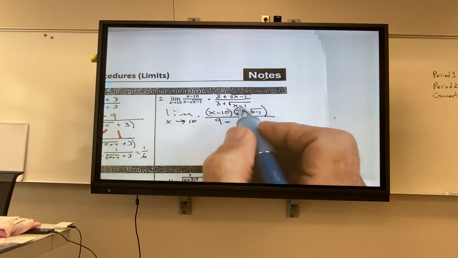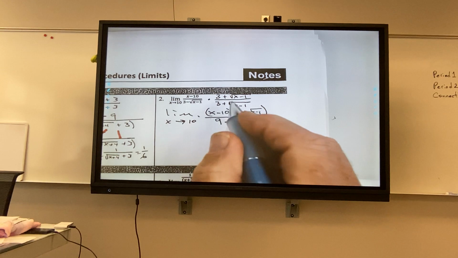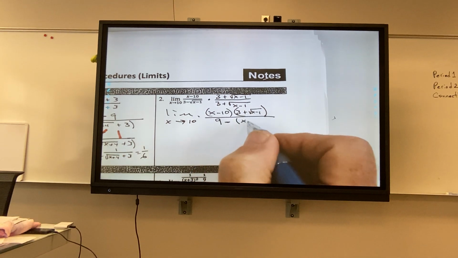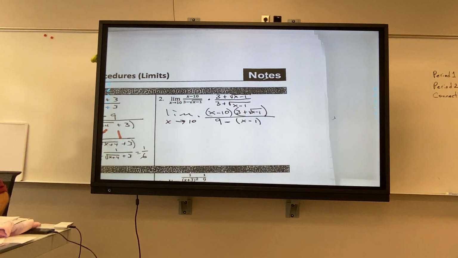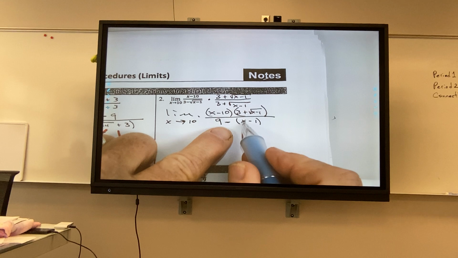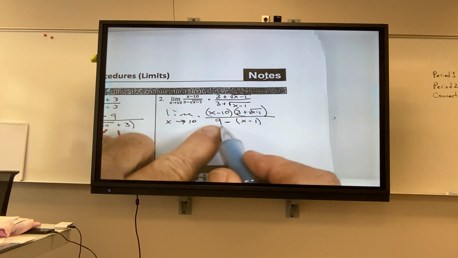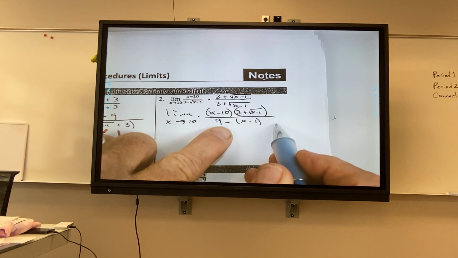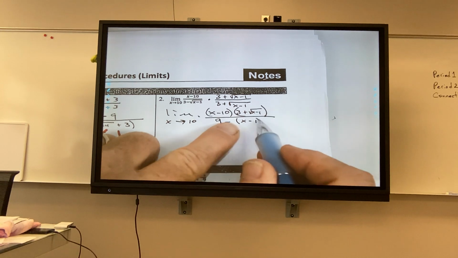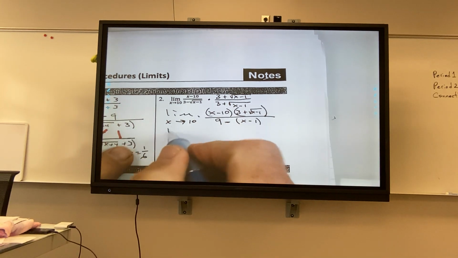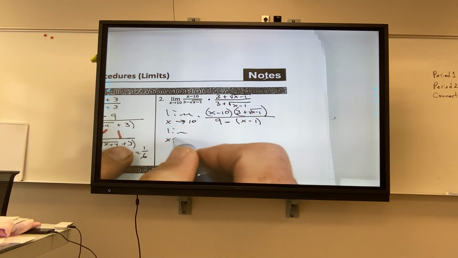But I'm going to multiply these. Yes, 9 minus x minus 1. You have to be careful on this, because a lot of people just write minus x, minus 1. And that's wrong, isn't it? This is what you get, and so you're going to have to distribute this one more time.